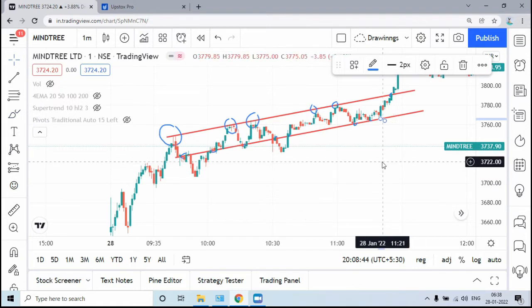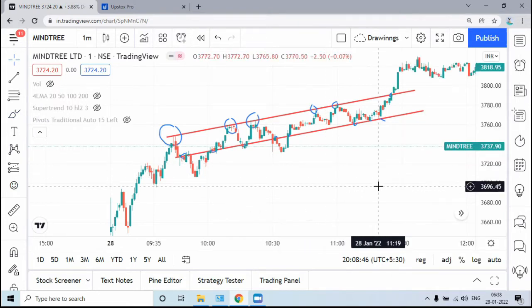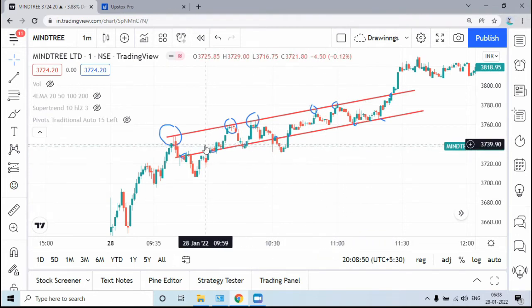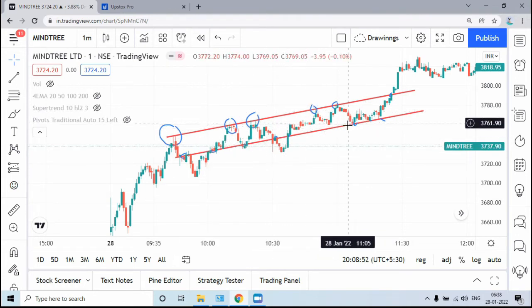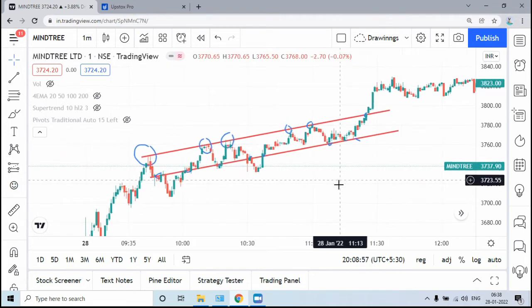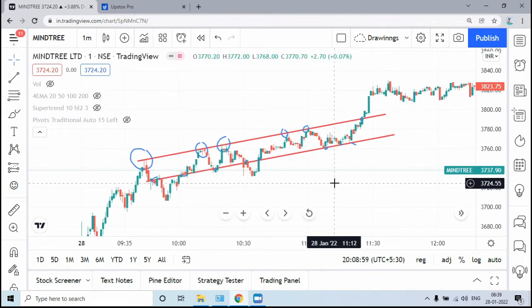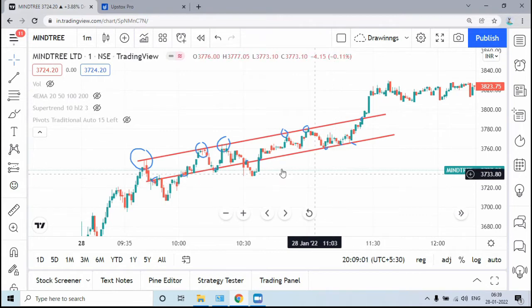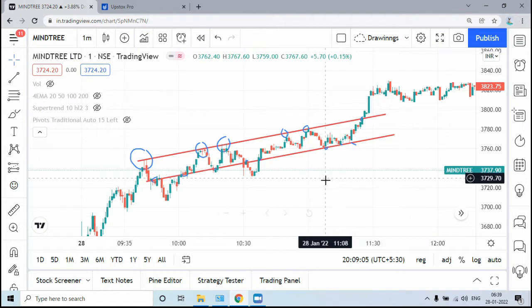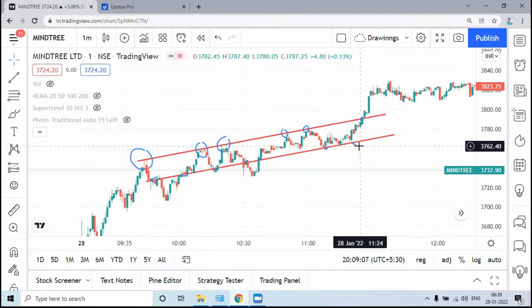So from this we can identify that this is a proper channel. If the price is moving between this, we say that this is a proper channel of consolidation. So we want to take a trade out of this, and from the chart itself it is very visible that this is an uptrend.